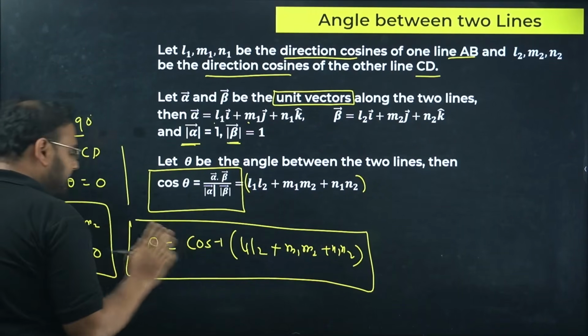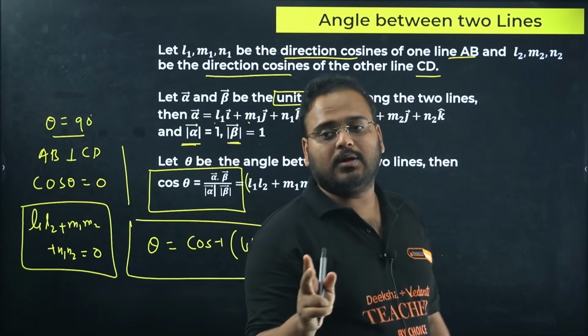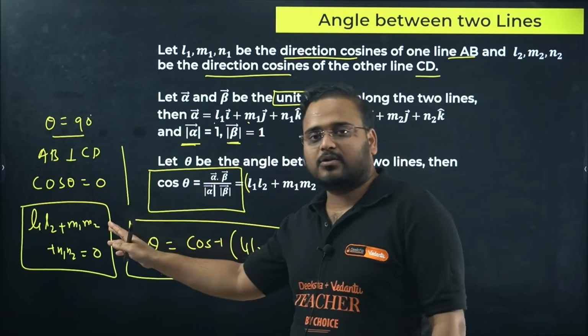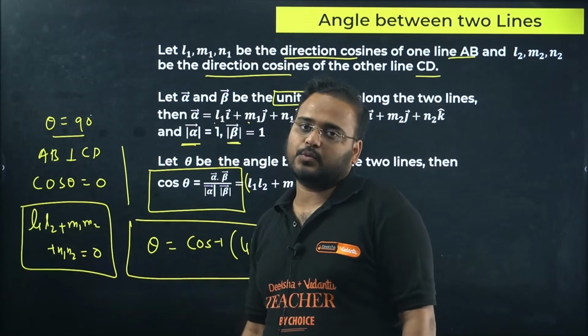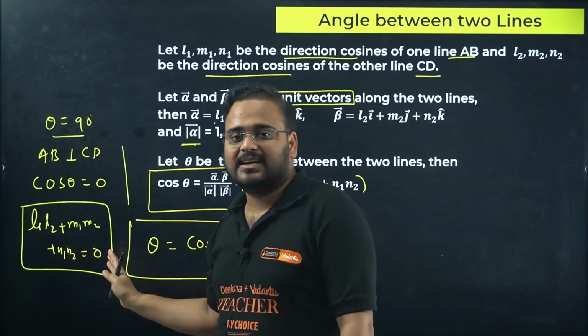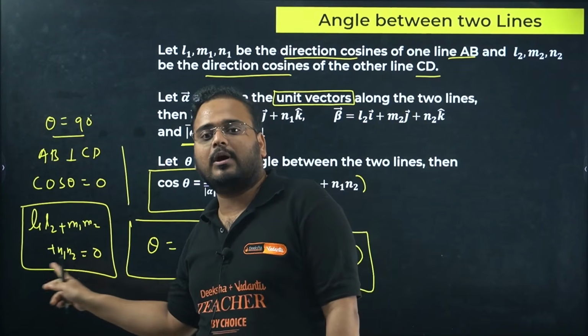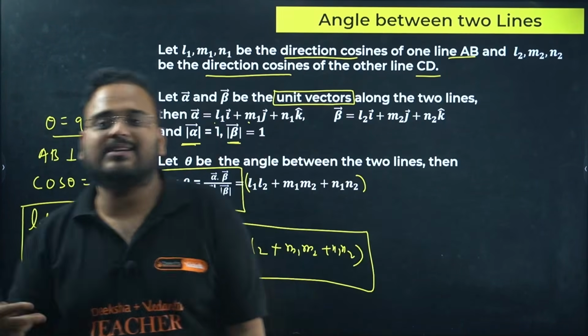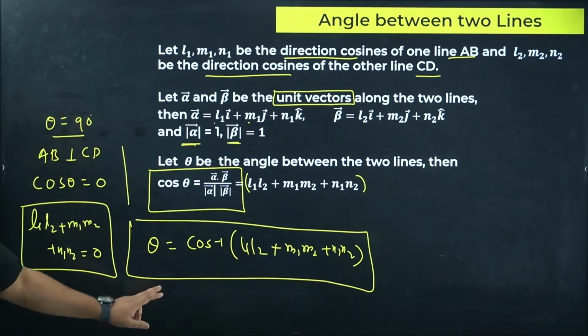So if you have two lines given as perpendicular, then this sum of products of direction cosines will always be equal to 0, because cos theta is there. So cos theta becomes L1 L2 + M1 M2 + N1 N2, and that is 0 because cos 90 is 0. This is the result for perpendicular vectors.